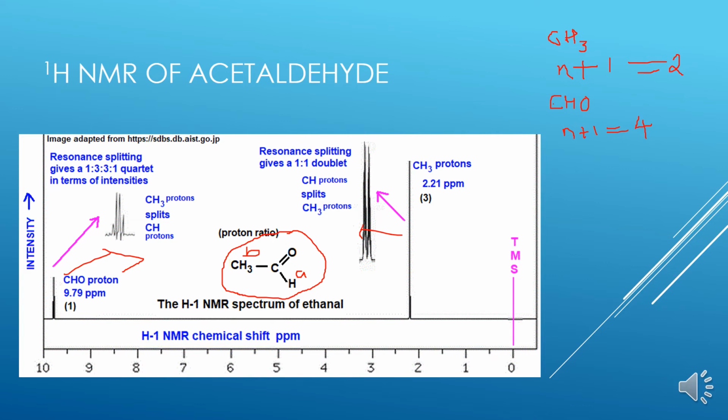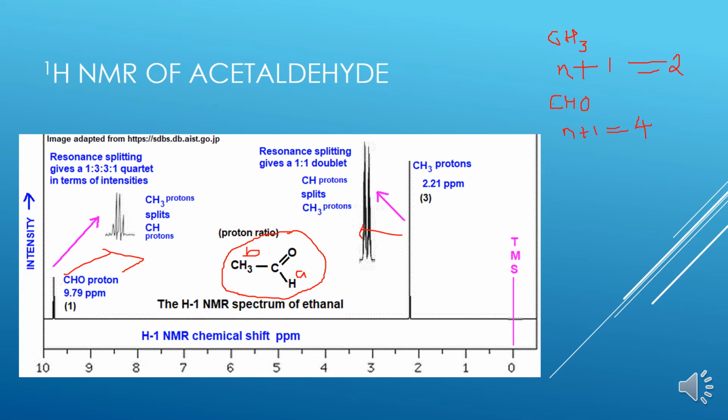So this is about acetaldehyde. Again, the intensity for the CH3 protons, which split into 2, is 1 to 1. The ratio is calculated based on Pascal's triangle, as I discussed in the earlier presentations.